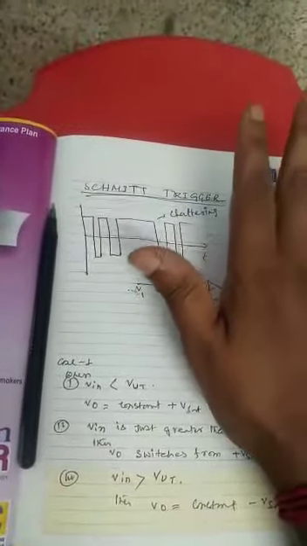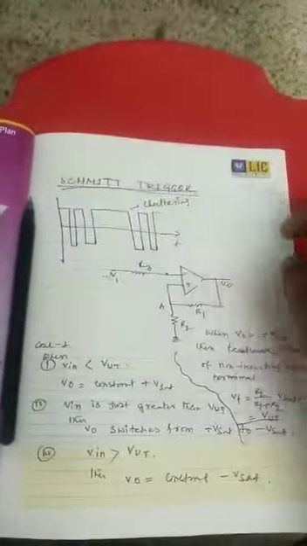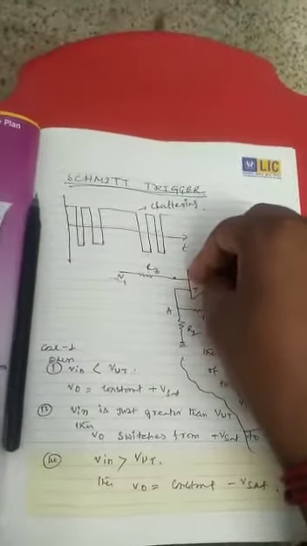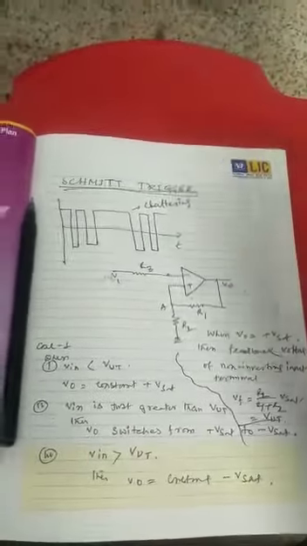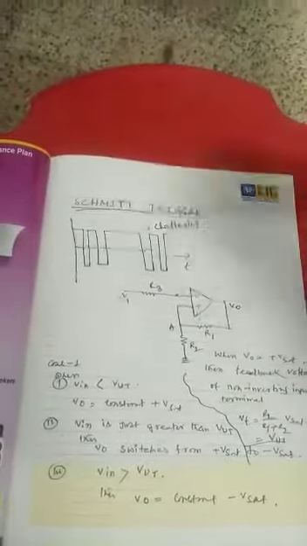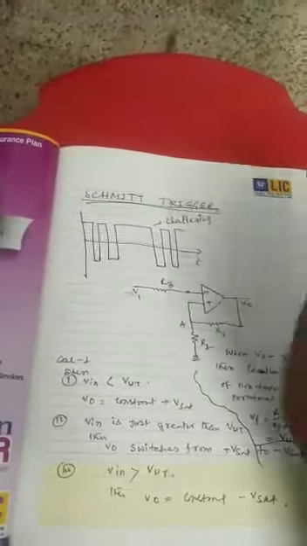But when some noise signal is present in the input signal, the output voltage will be square pulses, but with some rapid pulses, some pulses increased or decreased. That means the duty cycle changes. To avoid this problem, we use the Schmitt-Trigger circuit.